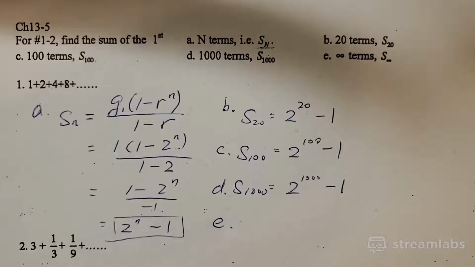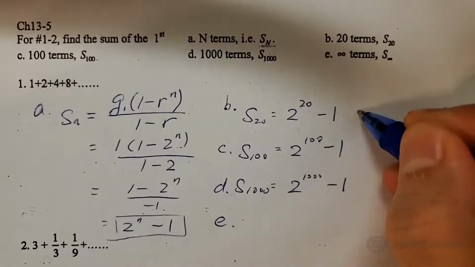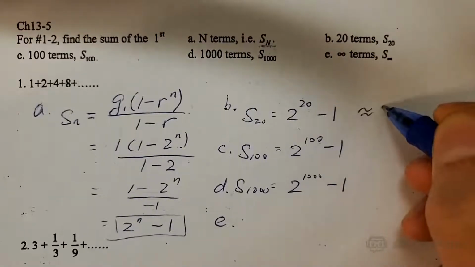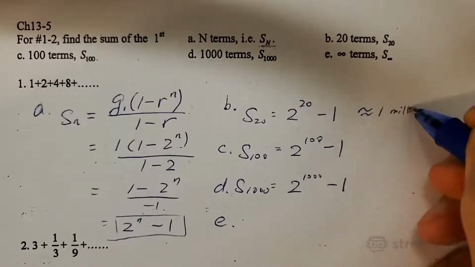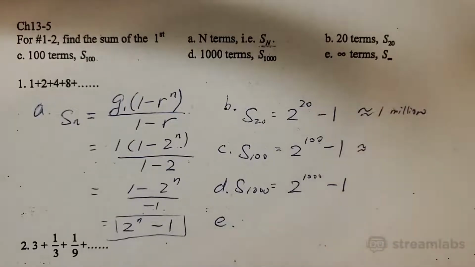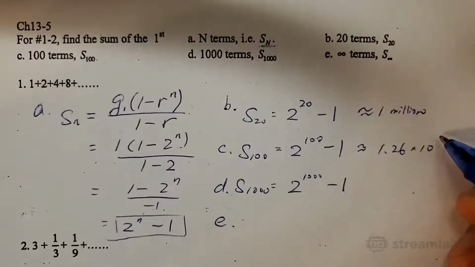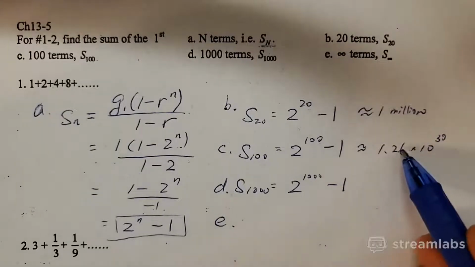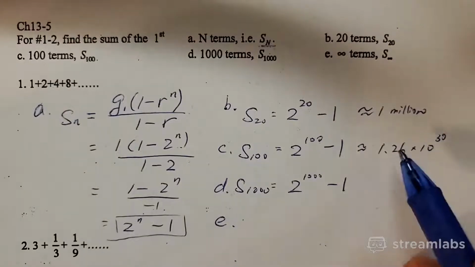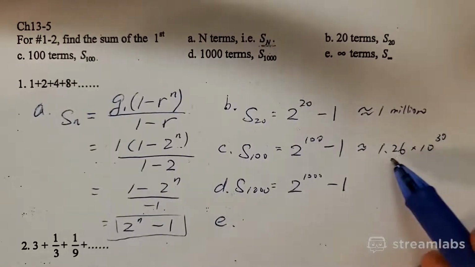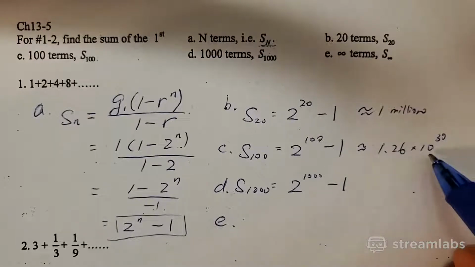So 2 to the 20 minus 1 was around 1 million. S100 is around 1.26 times 10 to the 30th power, which means 1 and then 30 zeros afterwards, because it's 126 and then 28 zeros.